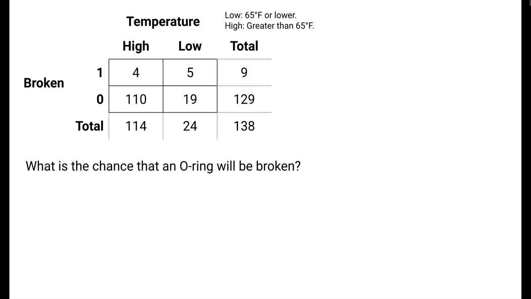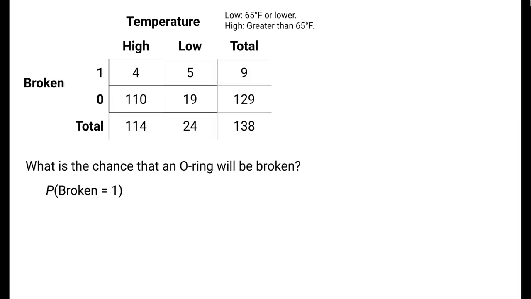To get some initial understanding of the rarity of O-rings being broken, let's first ask, what is the chance that an O-ring will be broken? We can represent this in probability notation as P of broken equal to 1, where the P stands for probability or chance. The information inside the parentheses describes the event that I want to know the probability of.